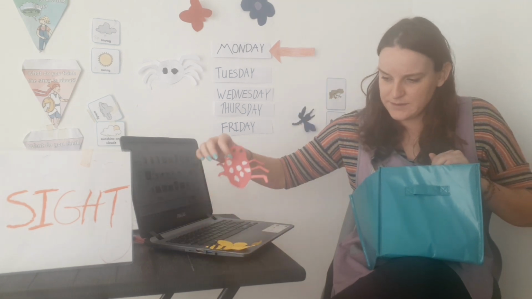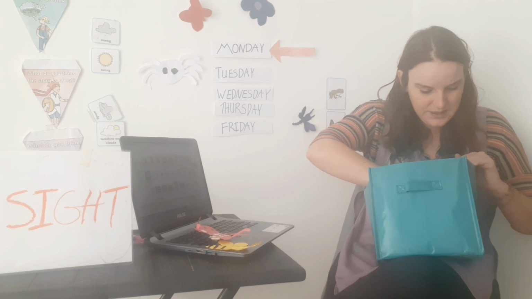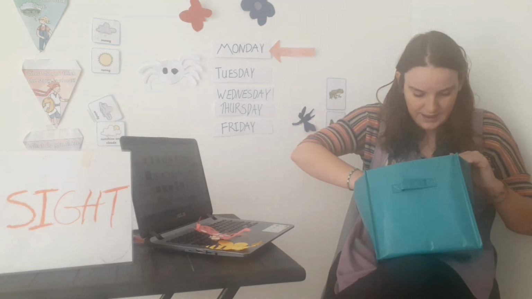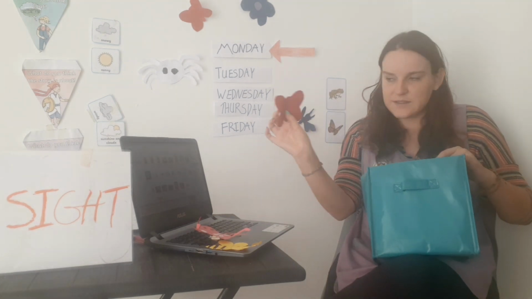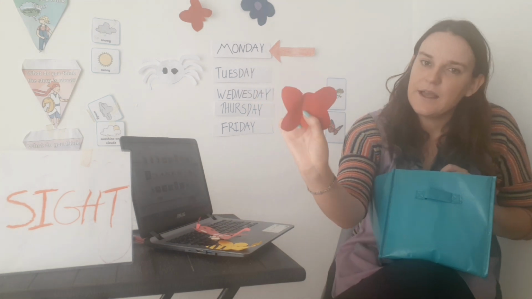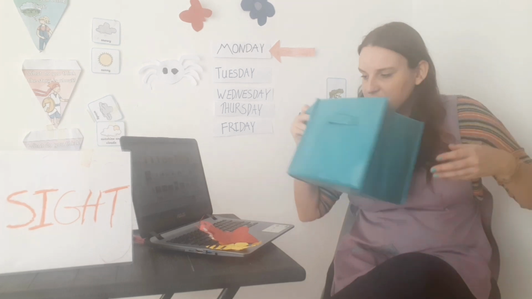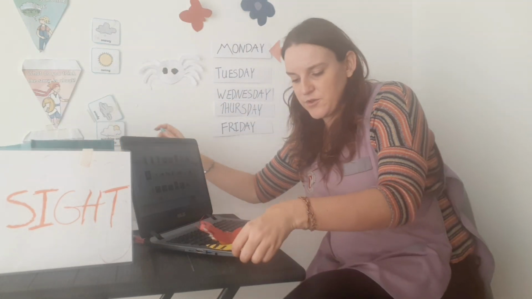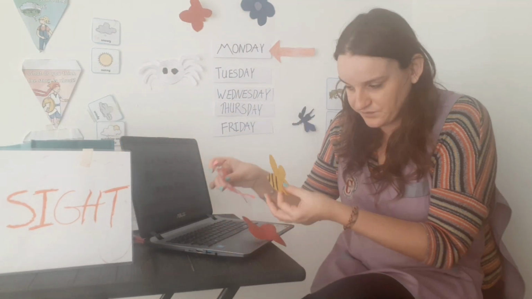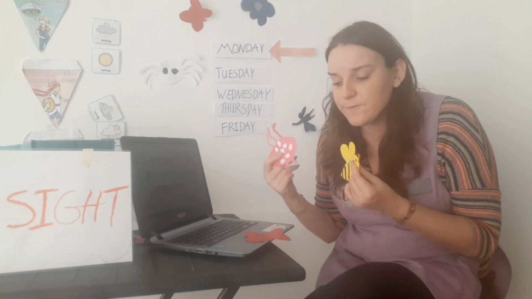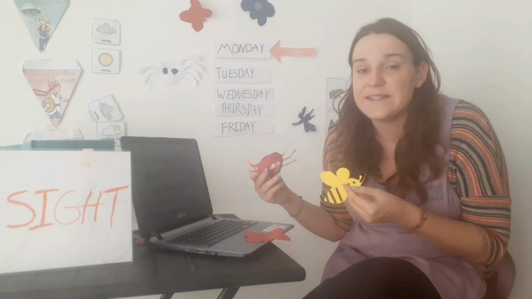So I have a ladybird, a bumblebee, and what's this? It's a butterfly. Good. So in my sensory box, we have these. These are different types of insects that we see.